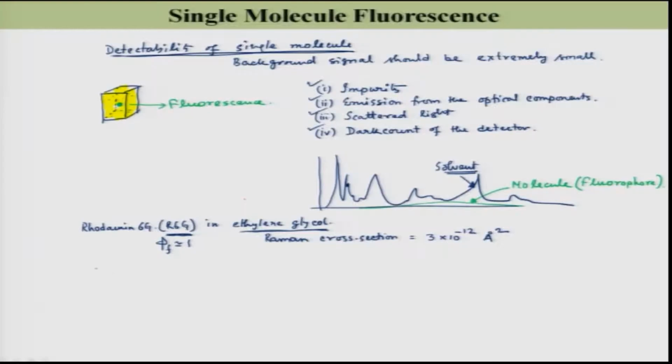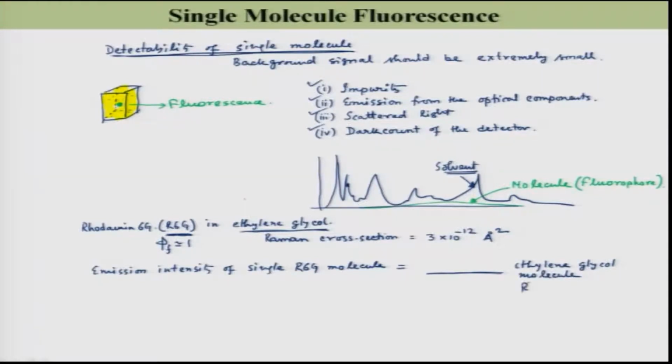So, let me write here: the emission intensity of a single rhodamine 6G molecule should be equal to some number of ethylene glycol molecule Raman intensity. Now, can I find out this number?